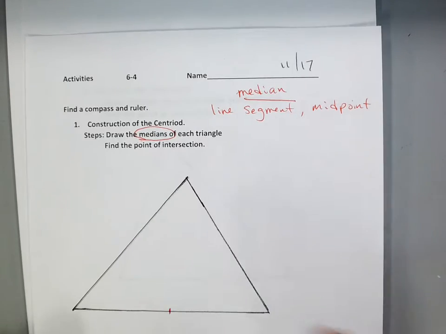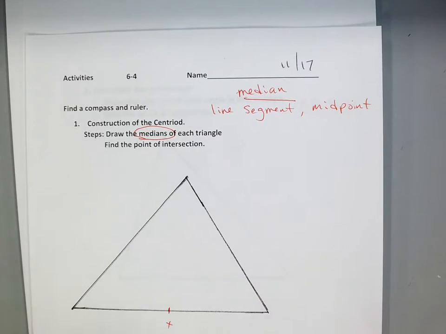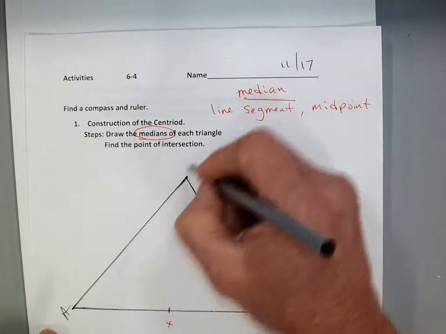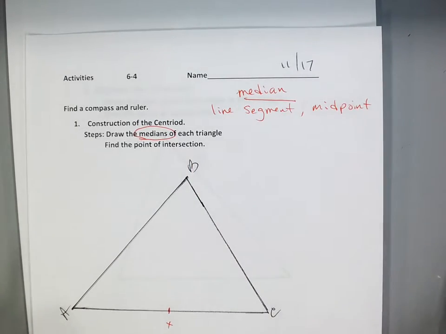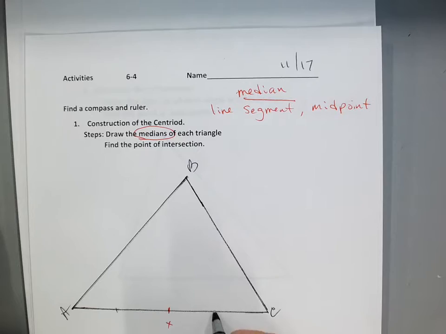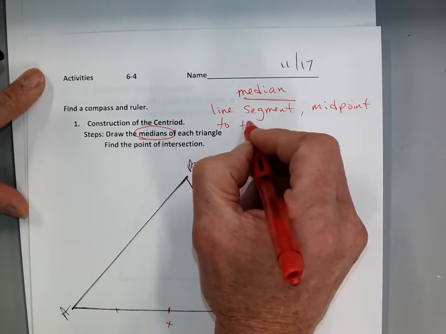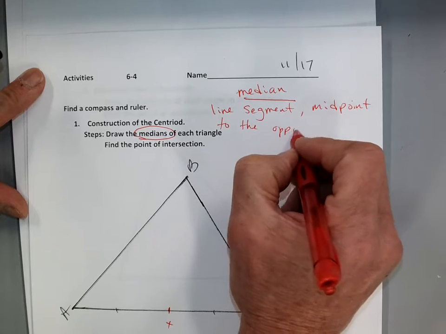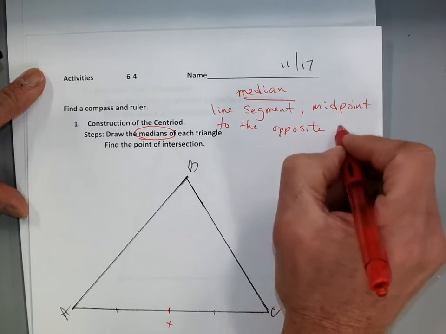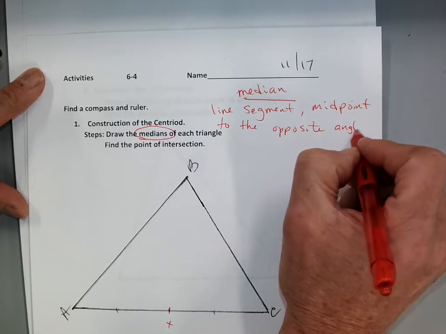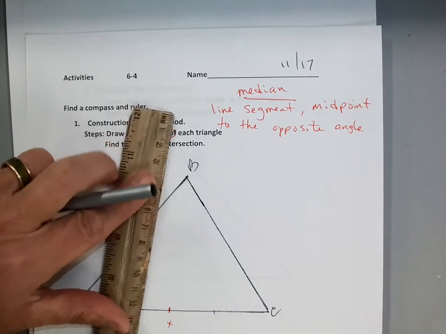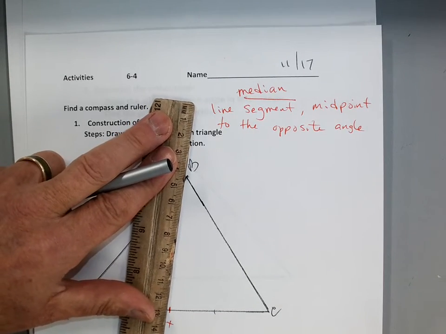That's a midpoint. Let's call that X. A, B, C. X is a midpoint, which means this side is equal to that. And then to the opposite angle. I'm just going to draw it in from there to B, angle B.